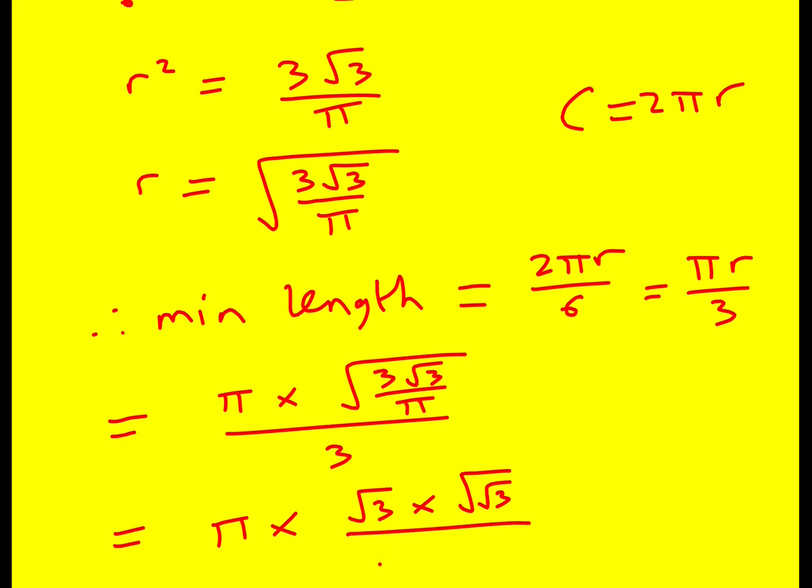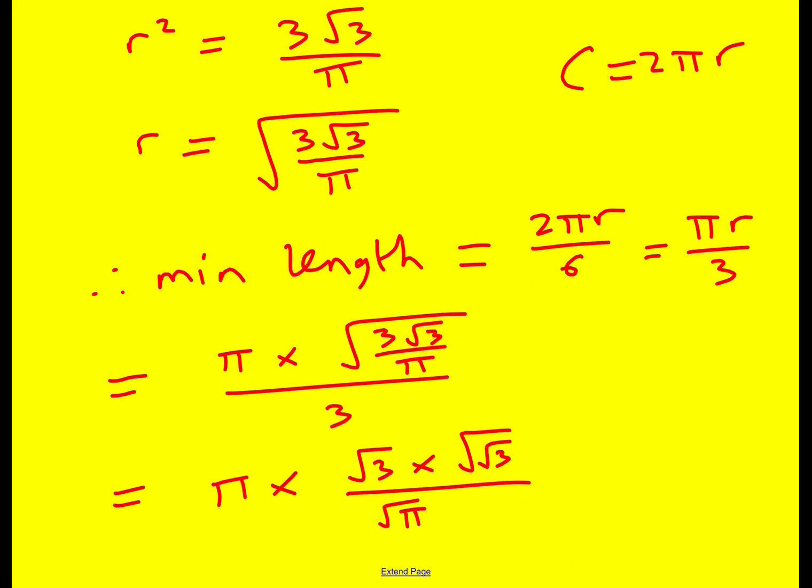Then I'm dividing by root pi. And I'm just going to change that 3 to root 3, because then I can cancel this, cancel this. I could even change pi to root pi times root pi and cancel these out.